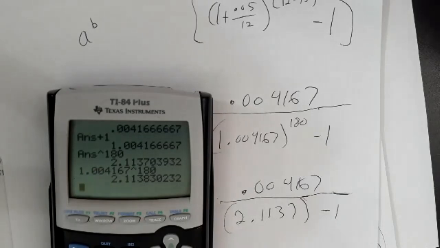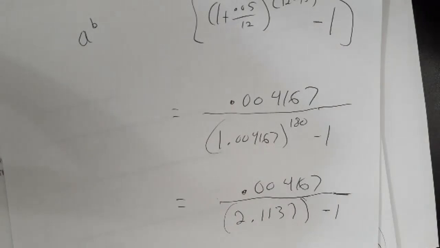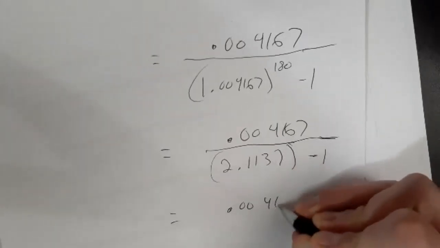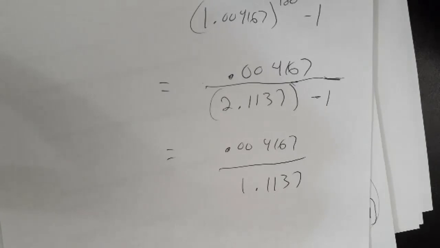Definitely don't want to do that by hand. Okay, so we got 0.05 over 12, we got 180, subtract 1. 0.004167. And now this looks like 1.1137, somewhere in that ballpark, when I subtract 1 from it.